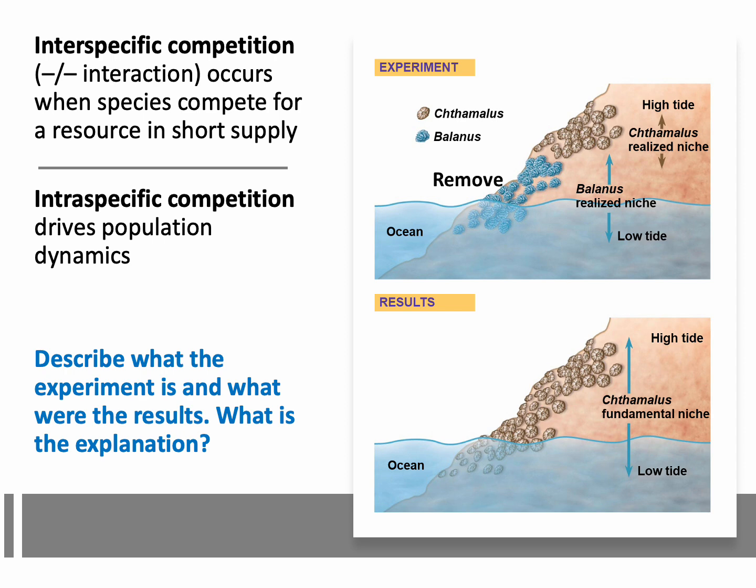Well, when they removed the Balanus barnacles, what happened was over a certain amount of time, the Calamus barnacles started to inhabit those low tide areas. So, what is being demonstrated here?